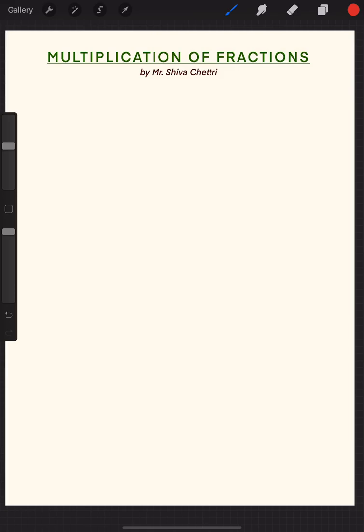So how do we multiply a fraction? Let us directly move on to the exercise part, then you'll be more clear about it. Exercise 5D. Let me solve question number 1, sub question 2, that is 6 by 7 multiplied by 35 by 8.